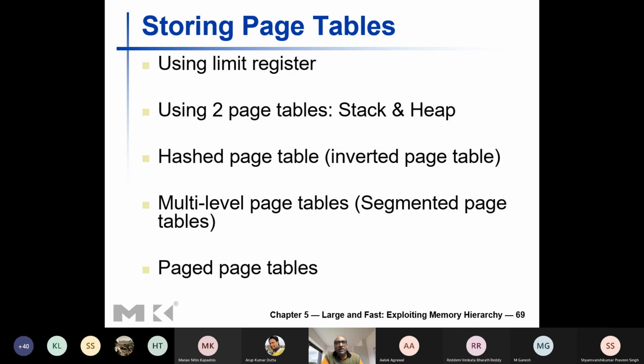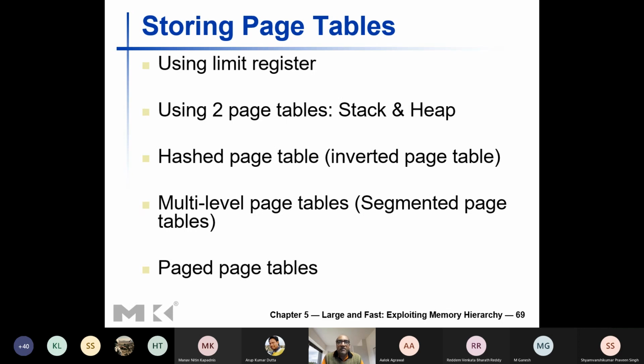Therefore, to accommodate these 2 power 20 virtual pages, the page table should have 2 power 20 entries. Each entry contains the physical page number and other things, assuming each page table entry carries 4 bytes of information.